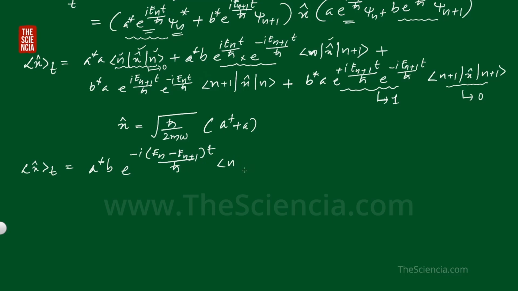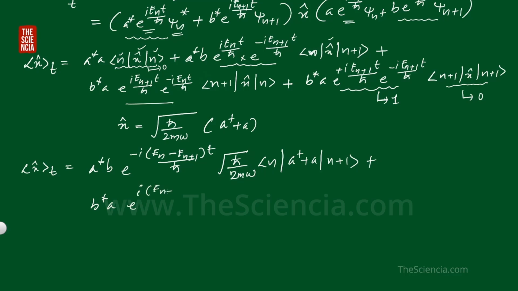I can take this constant term outside, that is root of ħ/2mω, bra n, the remaining term is (a dagger plus a) ket n+1, plus this term, that is b* a e^(i(E_(n+1) - E_n)t/ħ) root of ħ/2mω bra n+1 (a dagger plus a) ket n.